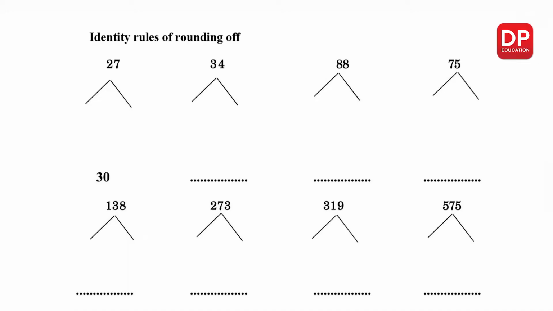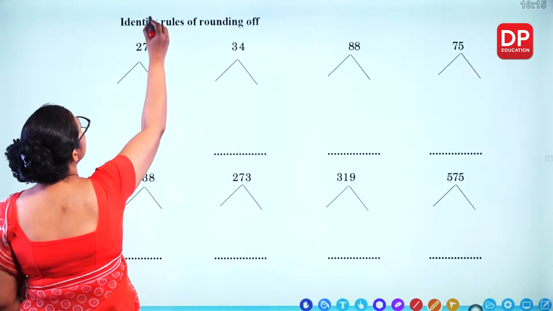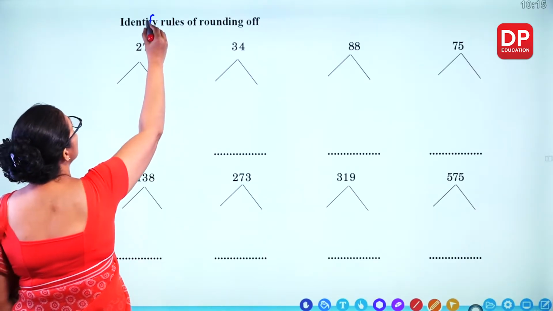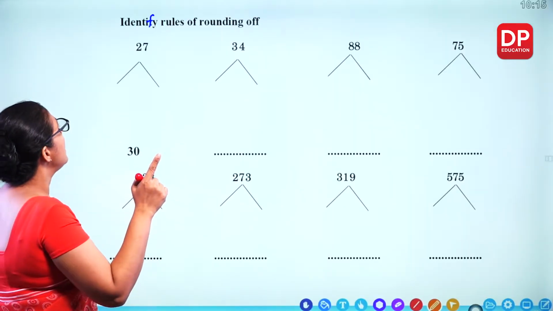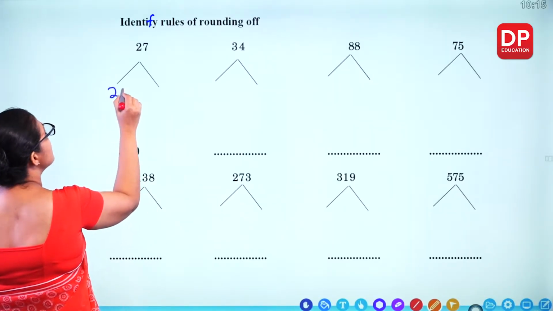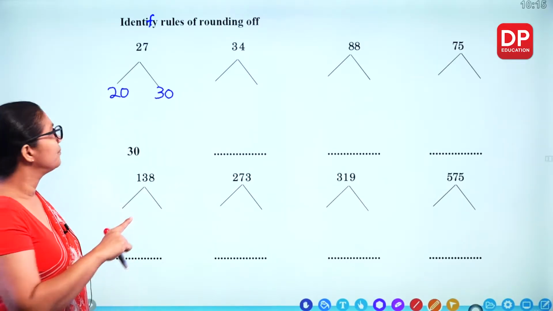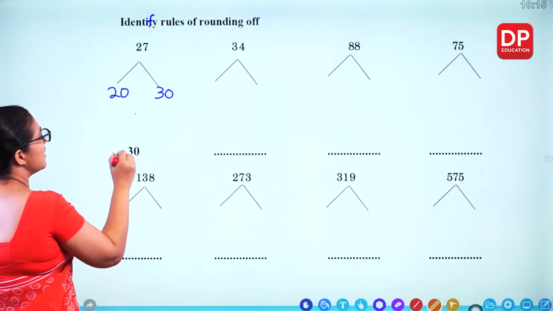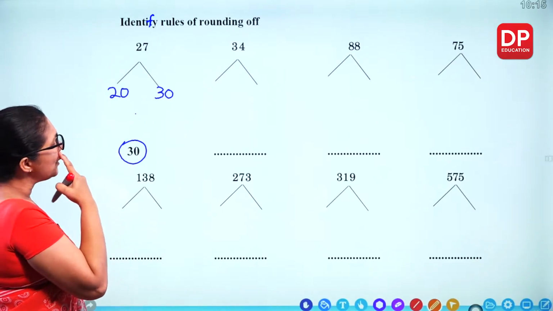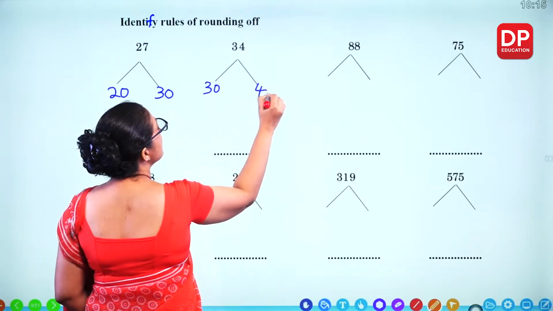Identify rules of rounding off. 27. 27 is in between 20 and 30. Which one is closer? 30 is the closest value, so the answer is 30. 34, in between 30 and 40.